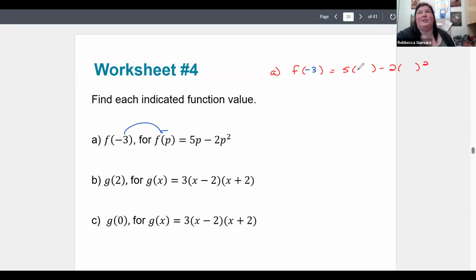So f at -3 means all my p's are now -3. So I'm going to have 5 times -3, which is -15. I have -2 times -3 squared, which is -2 times 9, so -18. I'm going to have -15 minus 18, which is -33.